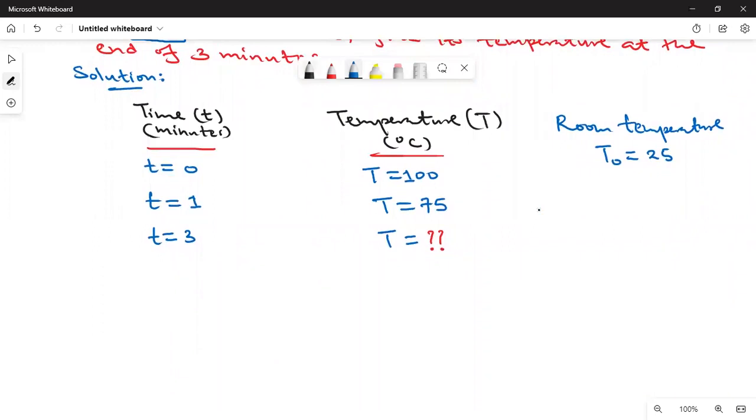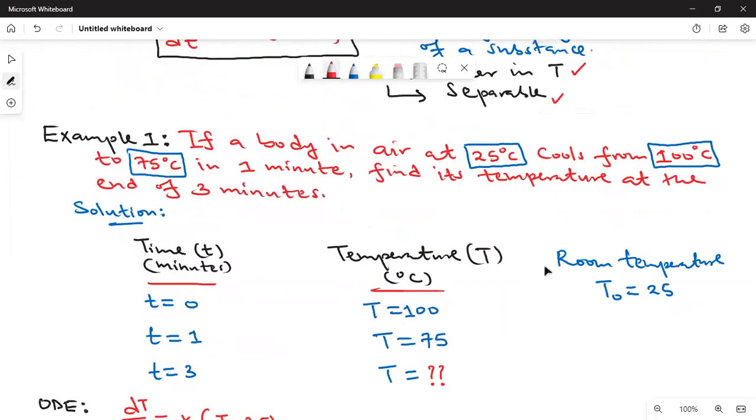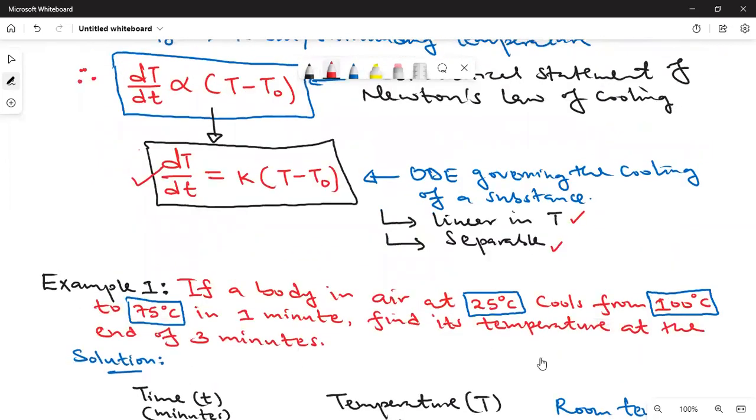Our ODE for this problem is dT/dt equals k times T minus 25. Take note that k denotes a constant of proportionality.